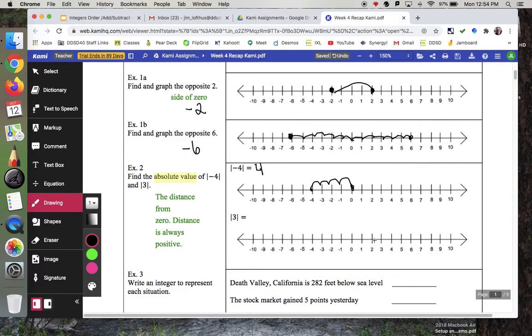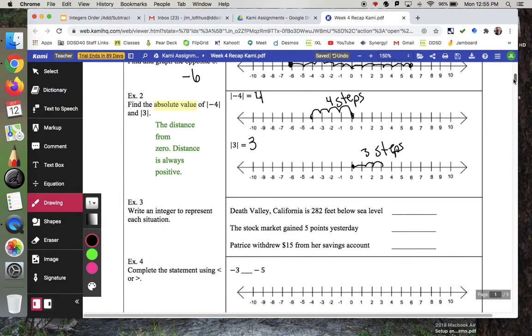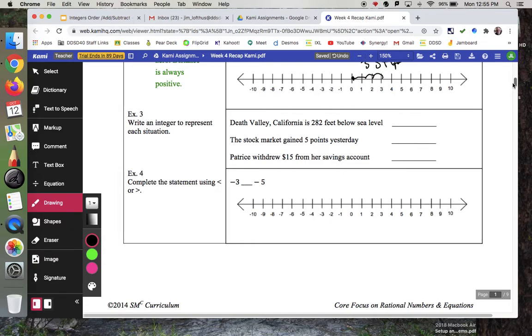And 3 is 1, 2, 3 steps. That's 4 steps. This is 3 steps. So the absolute value of 3 is 3.